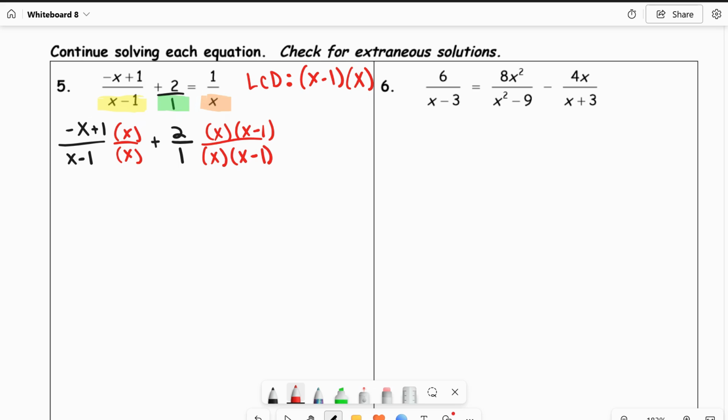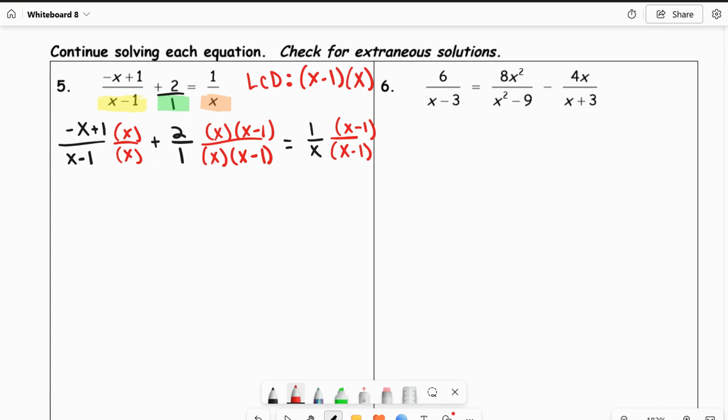Then my final fraction, I've got 1 over x. So I'm going to have to multiply this one by x minus 1 over x minus 1.